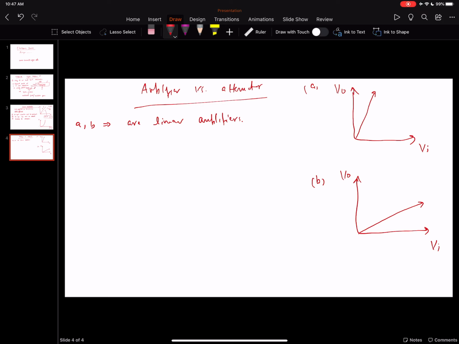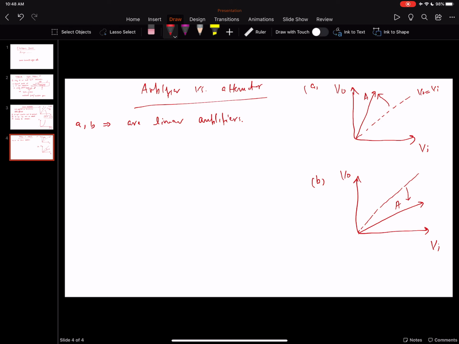So if I look closely, this signature is V naught over VI, which means that nothing is being amplified at this dotted line. The slope of this transfer characteristic is represented by A, which is the amplifier gain. Anything above this dotted line means that the signal is being amplified.